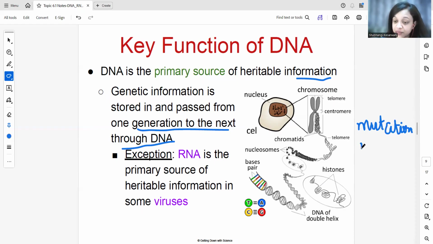We get different types of diseases, right? What else can we get? Changes in the traits. What are traits? Traits means general characters. Changes in traits.